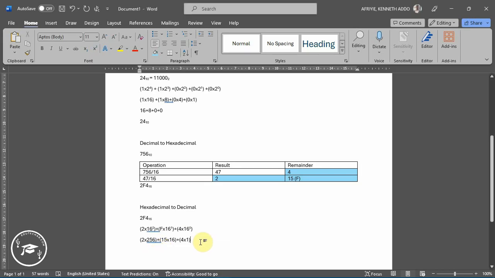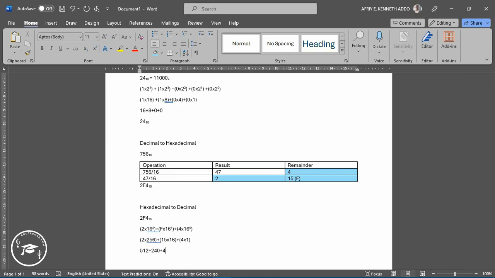Okay, so let's add these results. So 2 times 256, we get 512. Then we add 15 times 16, we get 240. Then we add 4 times 1, which is what, 4.